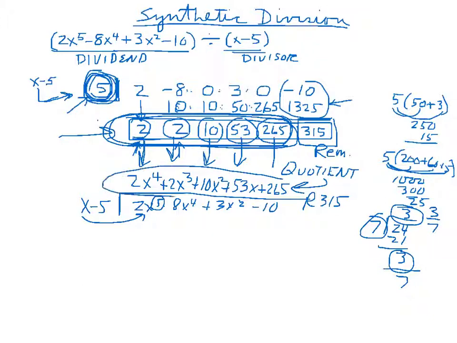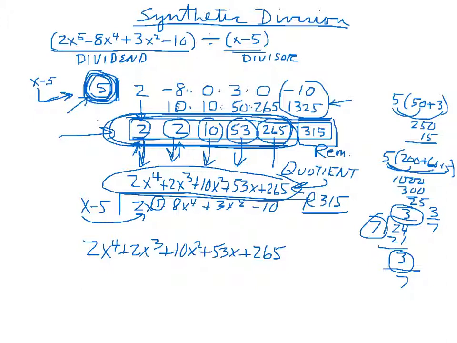I get my answer that I just circled, 2x to the 4th plus 2x to the 3rd plus 10x squared plus 53x plus 265, with a fraction of 1,315 over the divisor x minus 5.